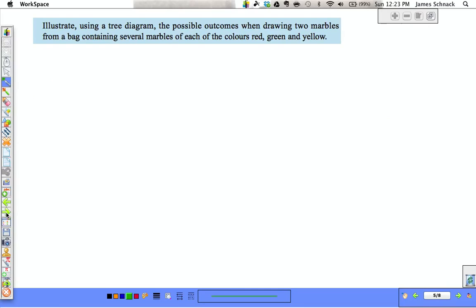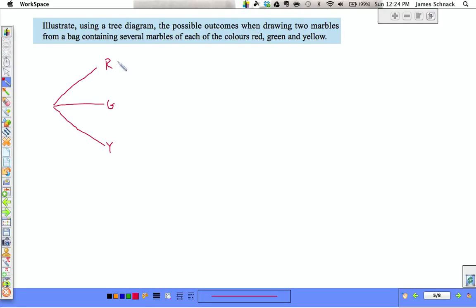So here we go. Illustrate using a tree diagram the possible outcomes when drawing 2 marbles from a bag containing several marbles, each colored red, green, and yellow. So the 2 events that are happening, there are 2 picks. On the first pick, 3 things could happen. We could get red, we could get green, or we could get yellow.